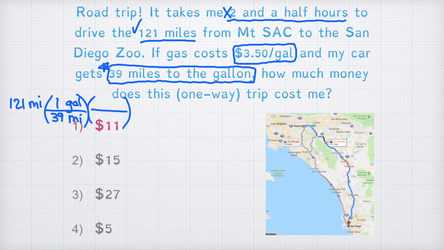Then in the next fraction, that means I'm going to put gallons on the bottom, and the unit I can relate it to would be money in this case, and that says it's $3.50 per 1 gallon. So now the miles have canceled, the gallons have canceled, and you're left with money, and that works out to be $11.